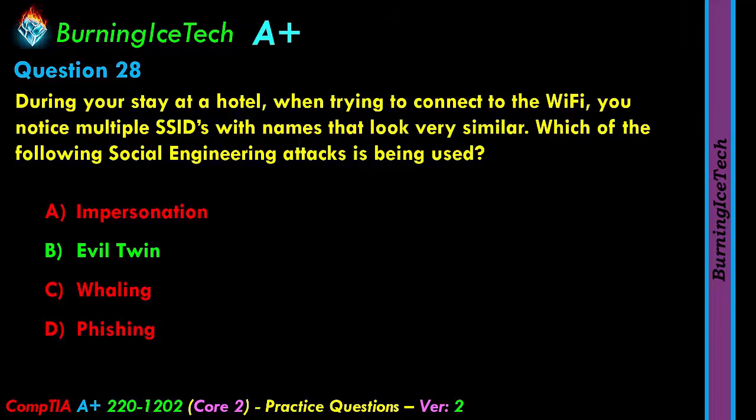Phishing does have subcategories, so if it's got a V instead of a P in the front, vishing, that's normally if it's done via voice. So I'm going to call you and try and trick you over the phone to give me information. If there's, for example, a Q in the front, quishing, I'm not even sure if I'm pronouncing that correctly. That is if I'm trying to trick you into scanning the wrong QR code. It's going to take you to potentially a phishing website. The point is there's a QR code involved. Anyway, the answer is B.